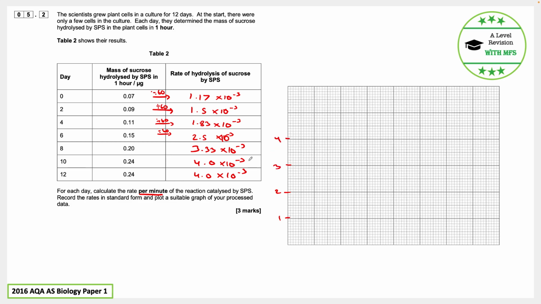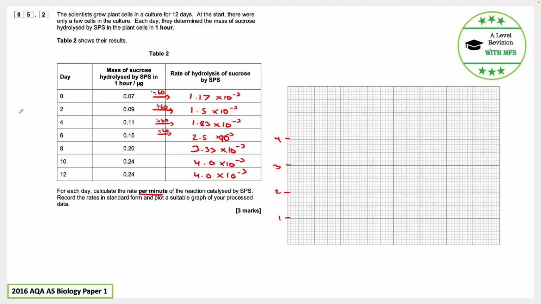Okay, it just makes it much easier, instead of working with really small values such as 0.00117. So it's better to have it in whole numbers and label the y-axis as times 10 to the power of negative 3. So whatever value you have, you know that you are going to multiply by 10 to the power of negative 3 to get the actual answer.